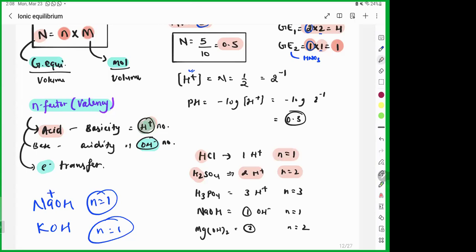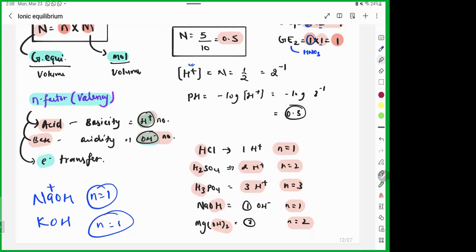In case of H3PO4 there are 3 H positive ions, so valency factor 3. In case of a base, valency factor is equal to the number of OH negative ions. Example, NaOH has 1 OH negative ion, valency factor 1. Magnesium hydroxide has 2 OH negative ions, valency factor 2. Correct?